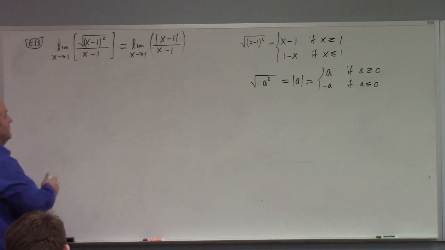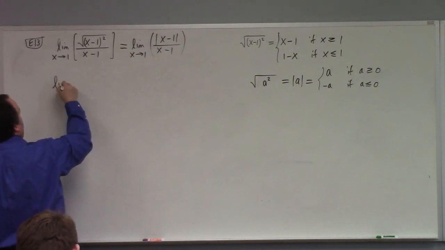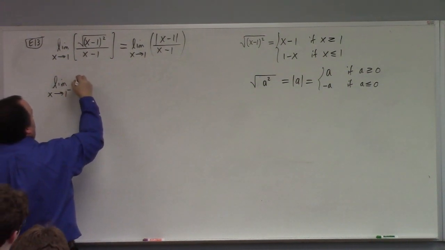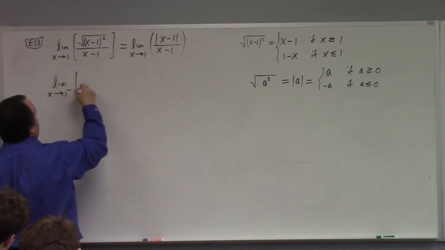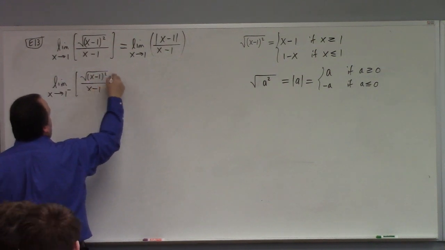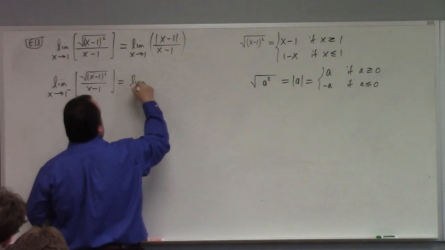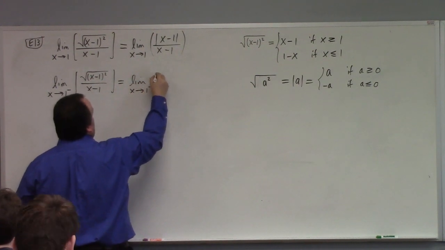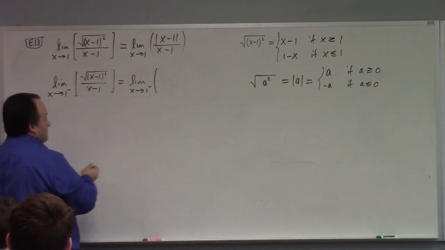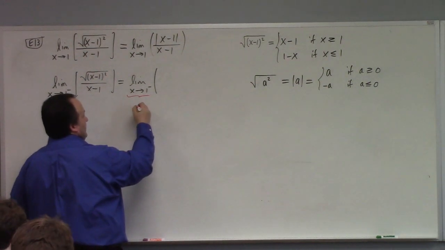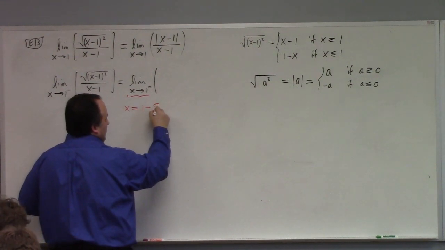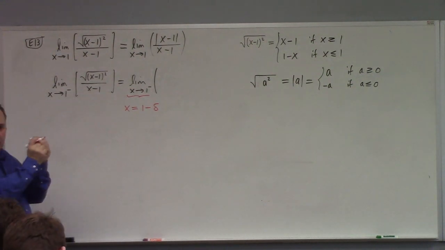So that's a little bit tricky, and we really need to look at two different cases, right? Limit as x goes to 1 from the left, right, of this, which is what? So from the left, this is what? What are we considering there? Basically, we're looking at x is equal to like 1 minus a delta, minus like a little positive quantity.